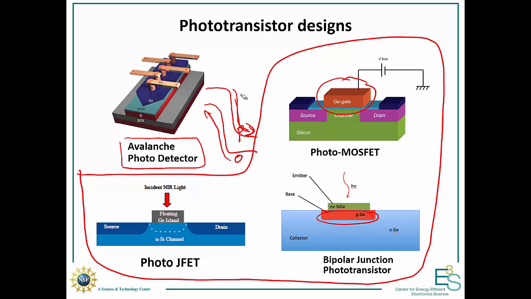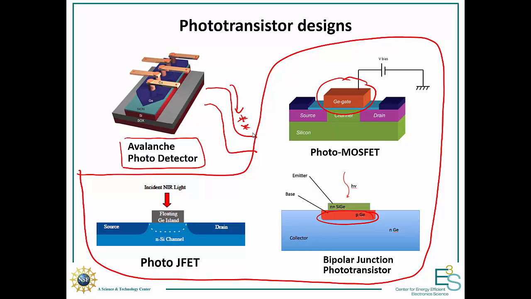Because if you start with just, say, 1 electron and it ionizes an electron-hole pair on its way, well, you end up with 2 electrons. So you've multiplied your current by 2.